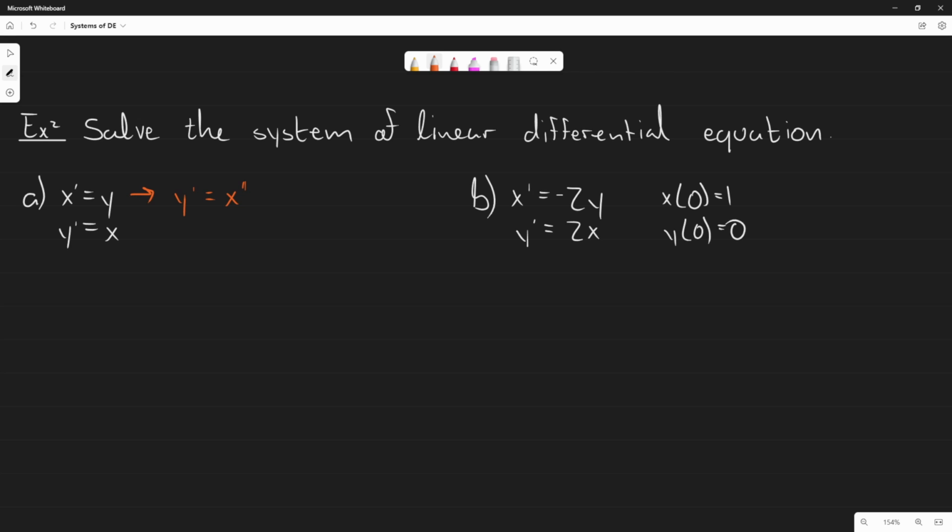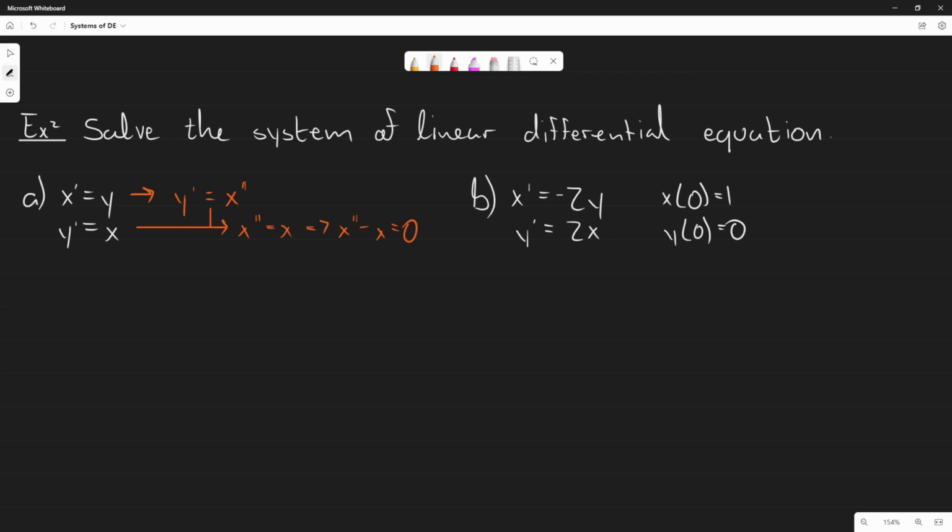And so what we can do now is substitute this into the second equation, giving us x double prime equals x, or x double prime minus x is equal to 0.